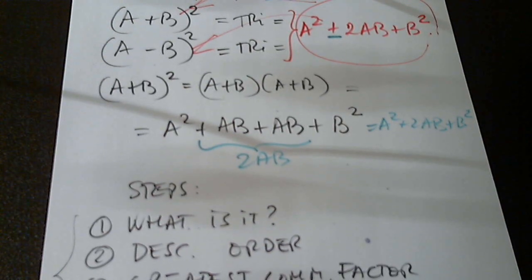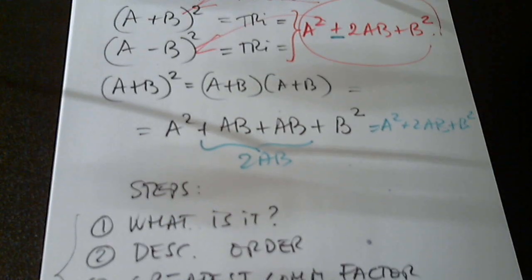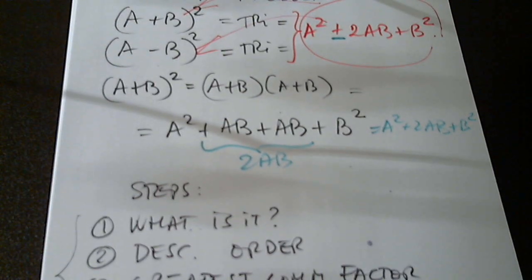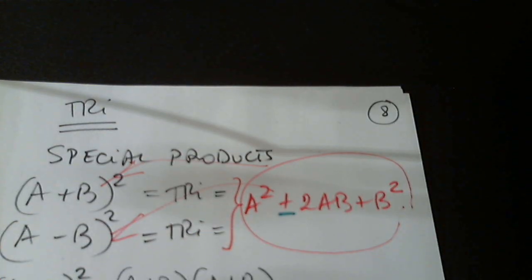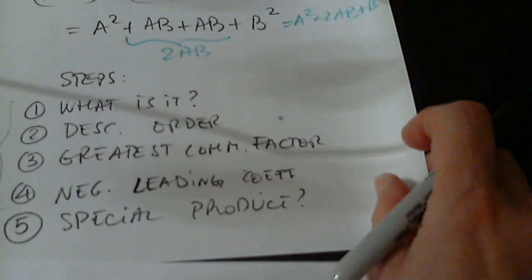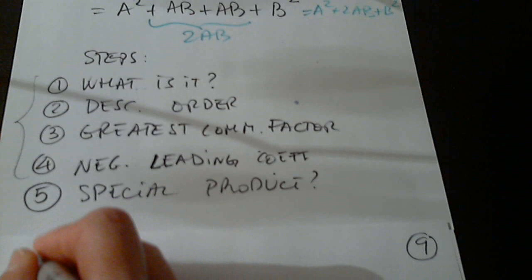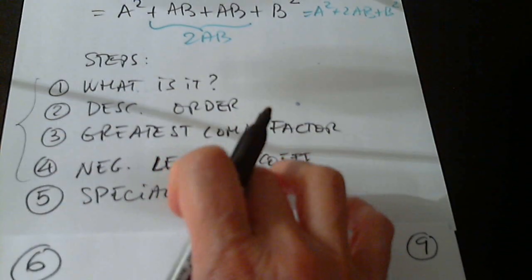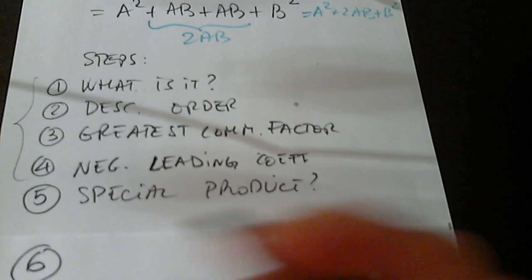So now in step number 5, special product, which special product? I only have 2, either this or this. What if it doesn't work? Here we have 2 more steps that we did not have before. Step 6, if I say no here, I have to move on to step 6.